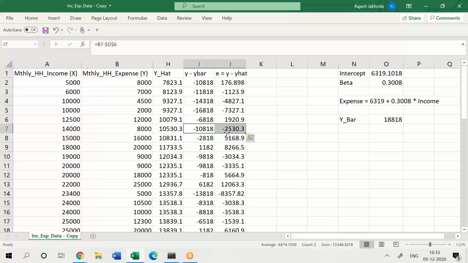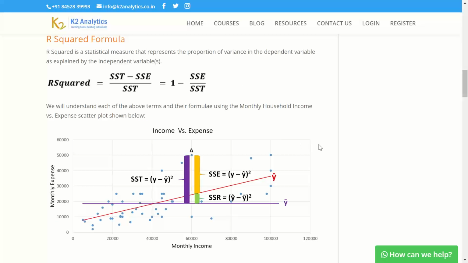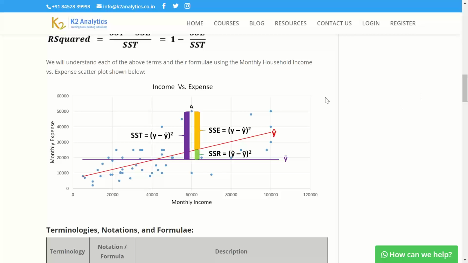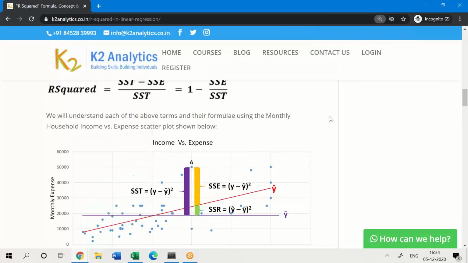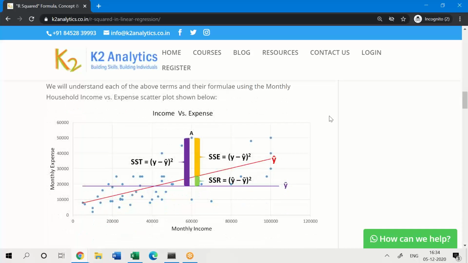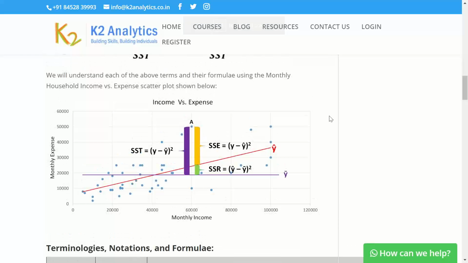Now I'm going to show the visual representation in our blog. This is where I come back to the blog. Let me zoom in, F11, let me increase the zoom. Here, let us imagine one particular data point from the data.